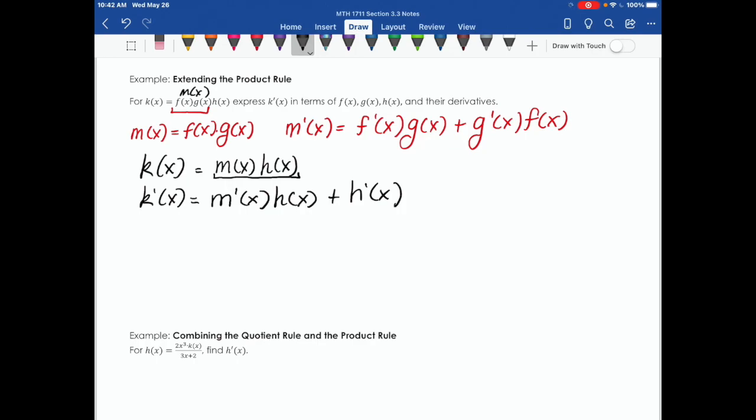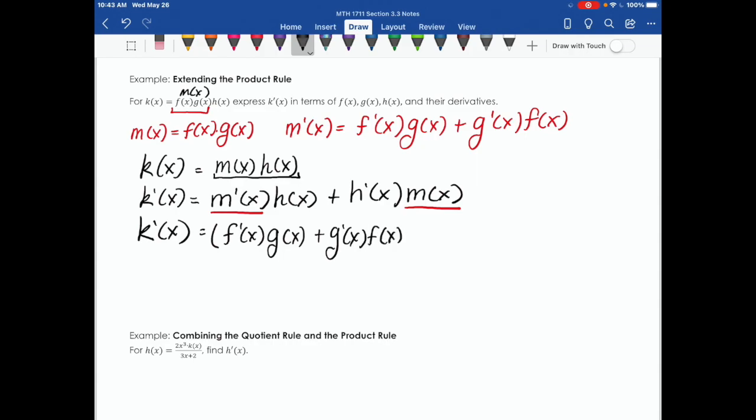So I'm going to take m prime times h plus h prime times m. I know what m prime is, and I know what m of x is because we define m of x as f of x times g of x. And then I use the product rule to find the derivative of m of x. So now I'm going to substitute that in here.